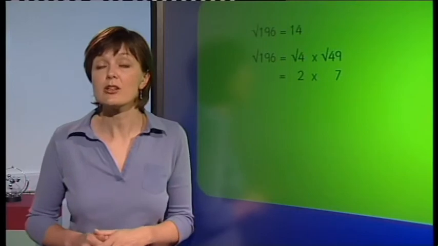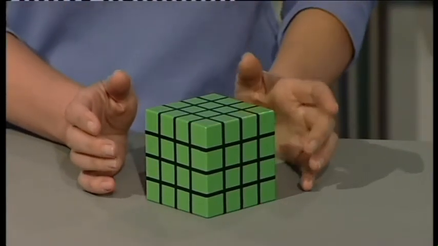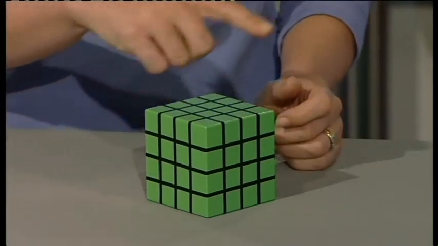But now I want to look at cubes. Just as the name square for square numbers came from thinking about geometric squares, so does the name for the cube numbers come from real solid cubes. This cube here is divided into 4 units along each edge.